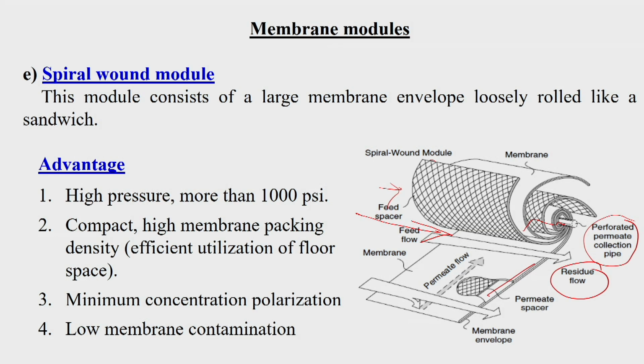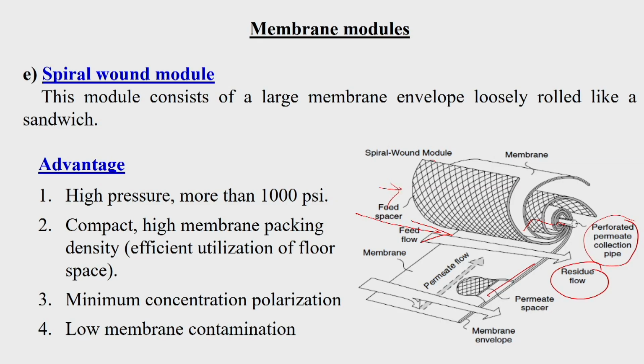The main beauty of this spiral wound membrane module is that in a small space we are able to provide huge surface area. For 1 meter square membrane surface area, we need only a tube about 1.5 feet long with only 3 to 4 inch diameter, and it can withstand high pressure, more than 1000 psi.